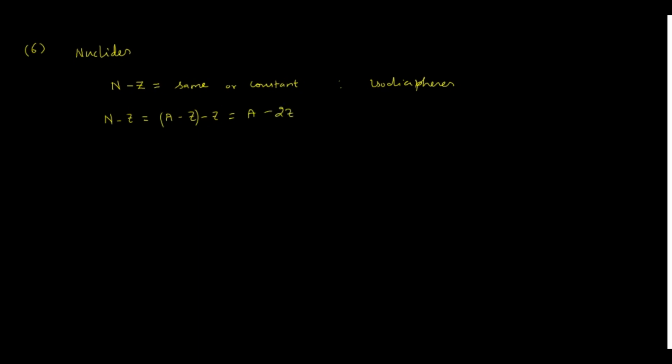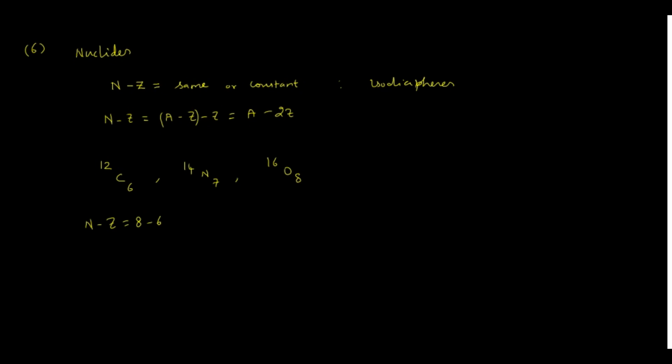The simplest example is carbon 12, 6, nitrogen 14, 7 and oxygen 16, 8. We can calculate this N minus Z.